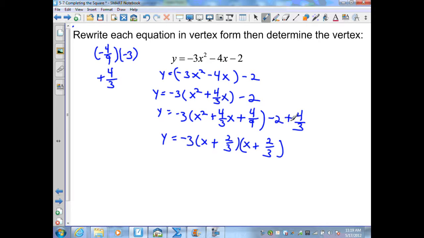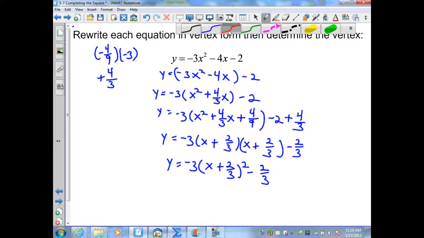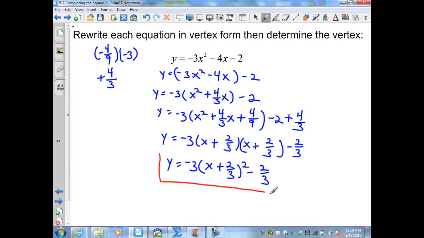And a negative 6/3 plus 4/3 is a negative 2/3. Let's rewrite this. So y equals a negative 3 times x plus 2/3 squared minus 2/3. And that is my vertex form.